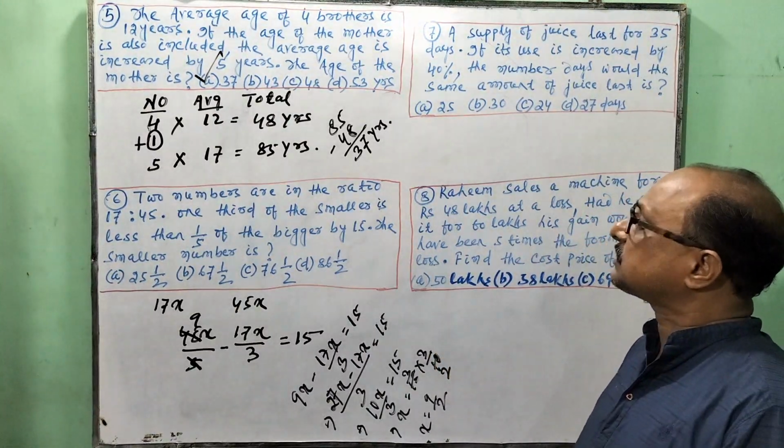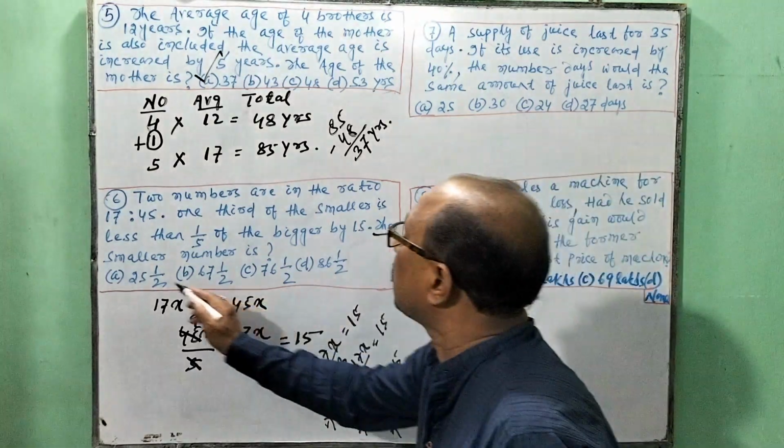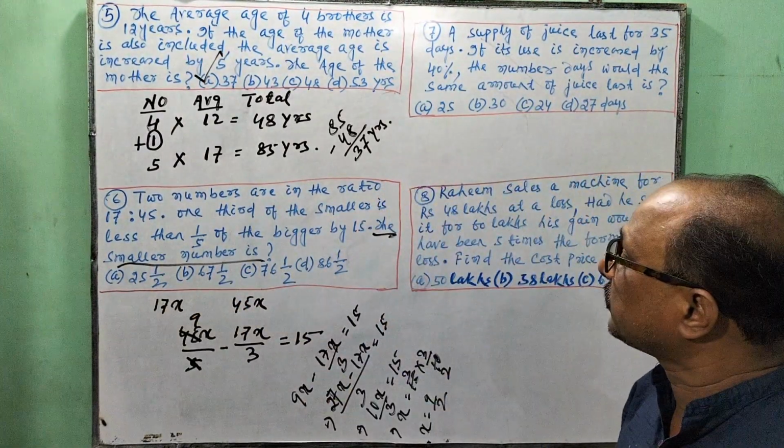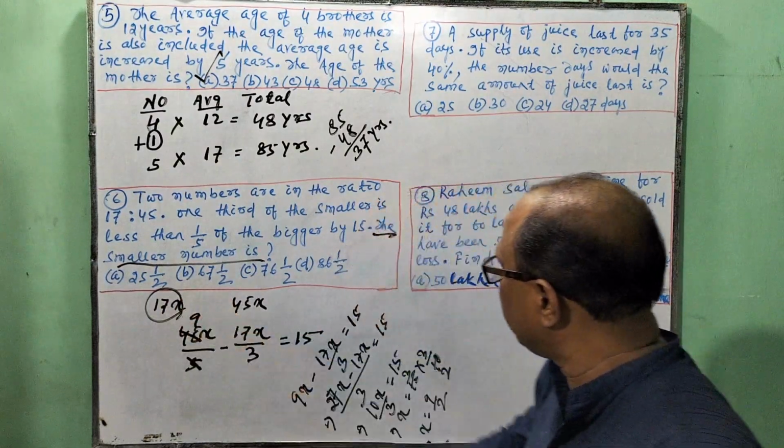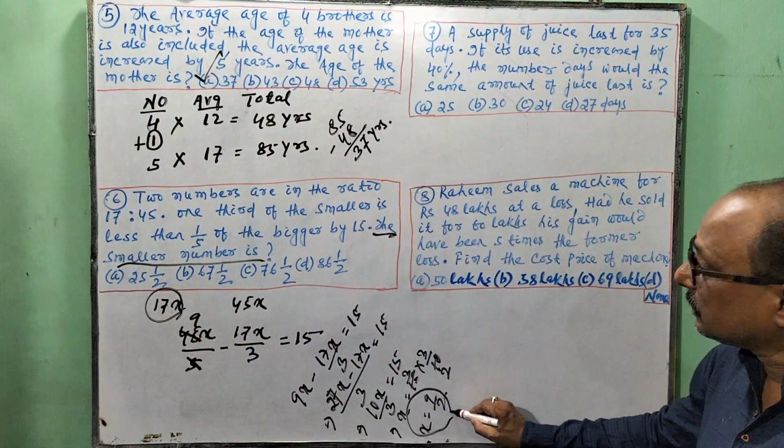But what is the question asking? The smaller number, which is 17x. What is x? 9 by 2.